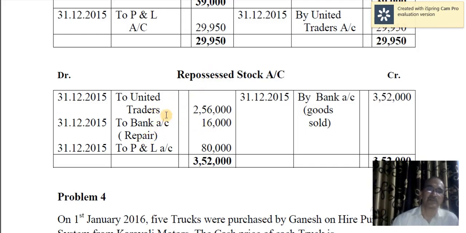So whatever expenses are incurred, that will be debited, and whatever incomes are received, that will be credited. So repossessed stock account debited, to bank account for the repair expenses incurred. And you have sold those goods which you have repossessed, and the amount you have realized is 3,52,000 on selling of the repossessed goods.